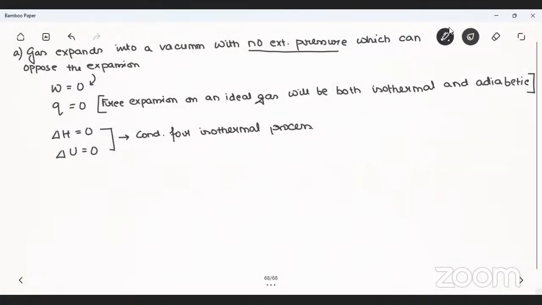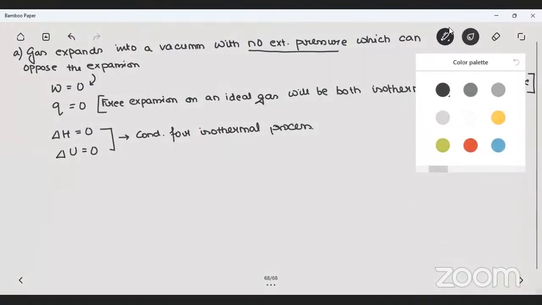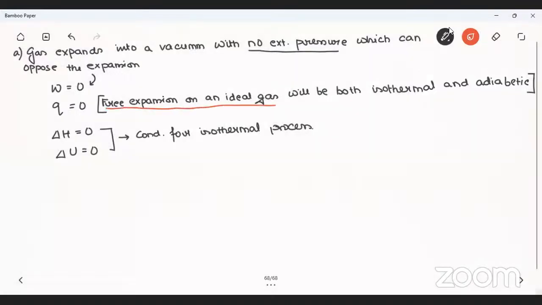For a free expansion of an ideal gas, if this term is given in your question, then you can be sure that this is both an isothermal process and also an adiabatic process.